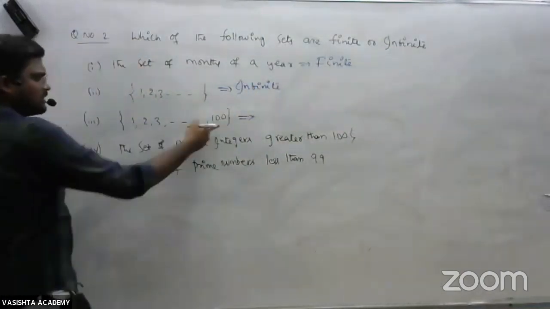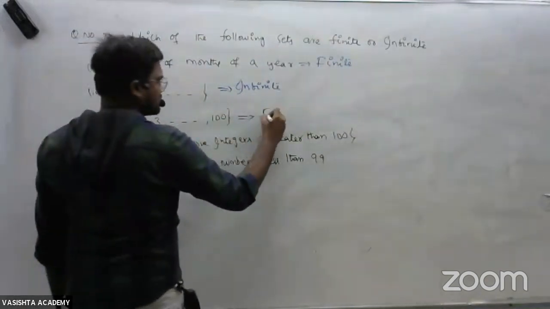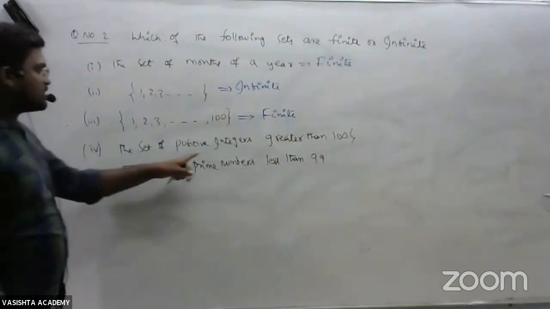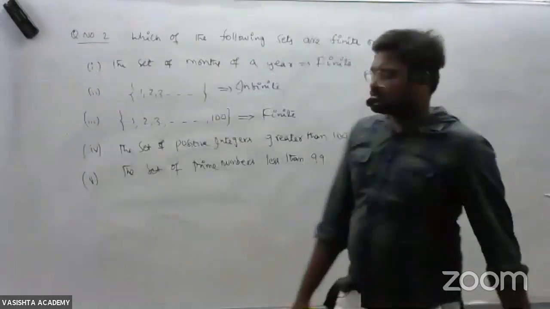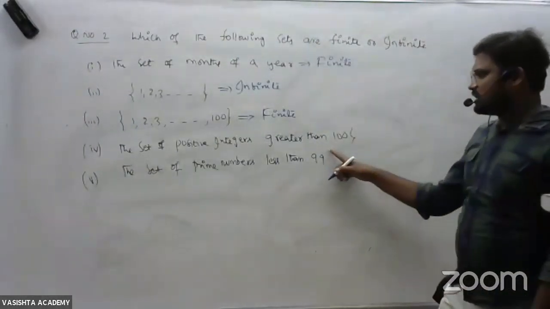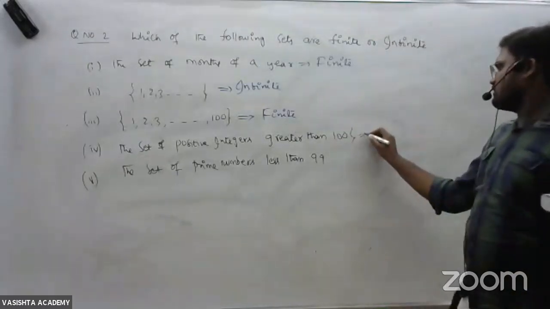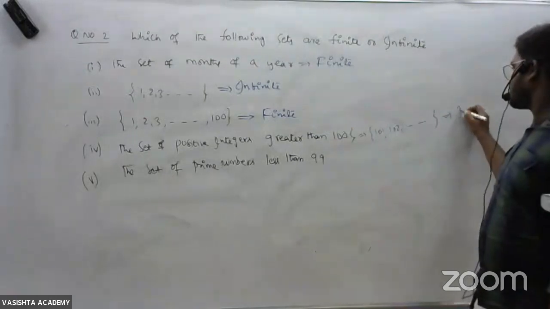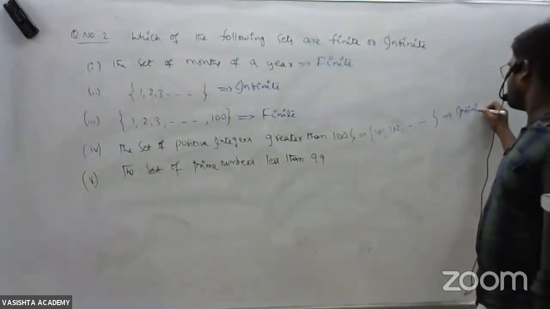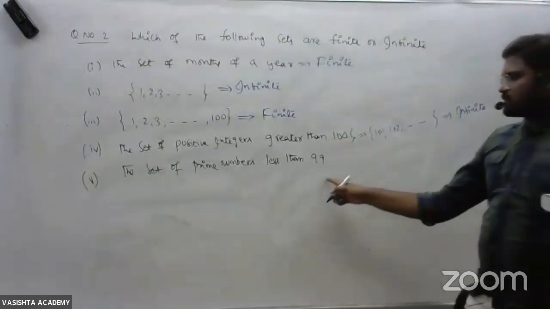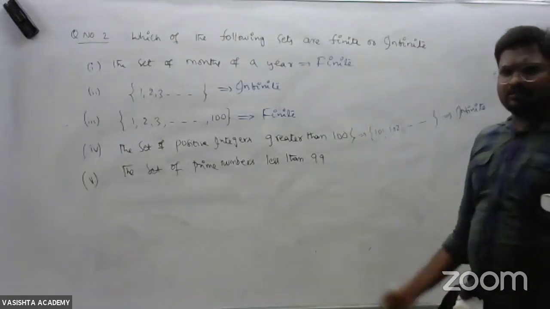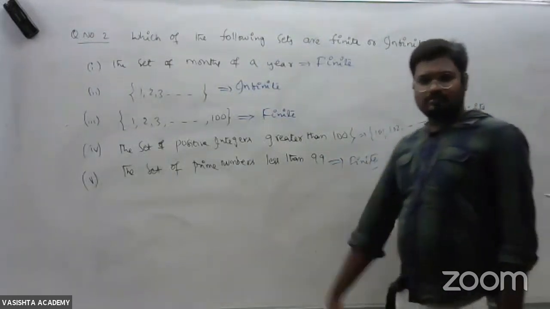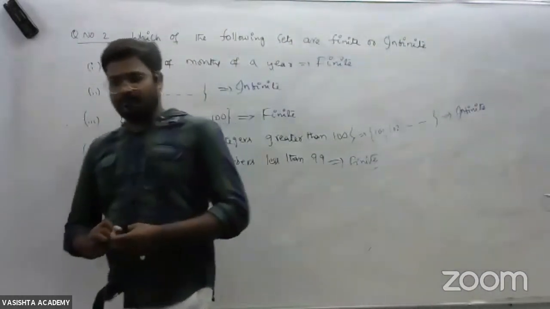What about this one? They are countable, 100. So this is finite. Set of positive integers greater than 100. Infinite. Because greater than 100, how many positive integers will be there? 101, 102, so on. So this is also infinite. Correct? What about this one? The set of prime numbers less than 99. It will be finite. You can count. Isn't it? So it's very simple. Please note it down.